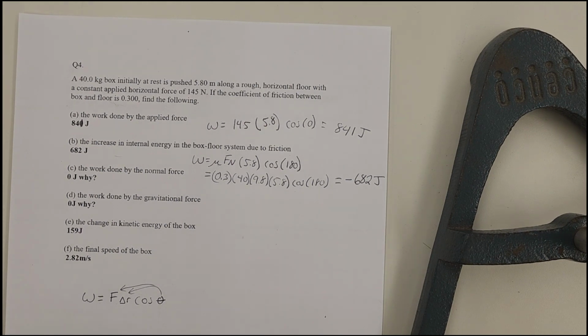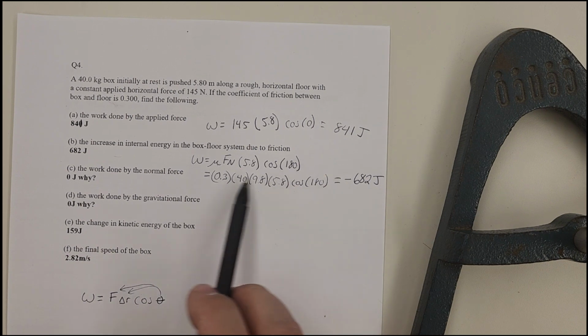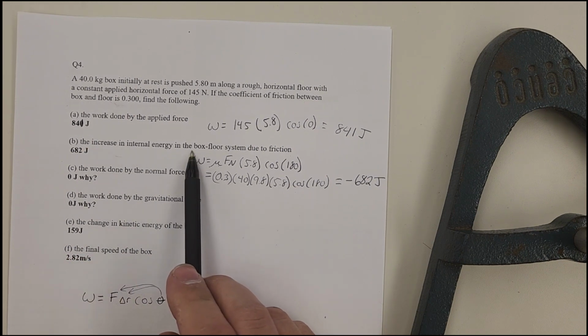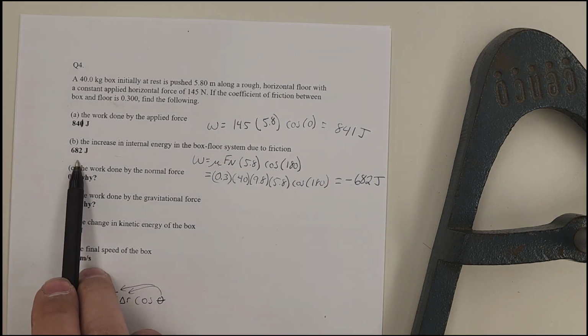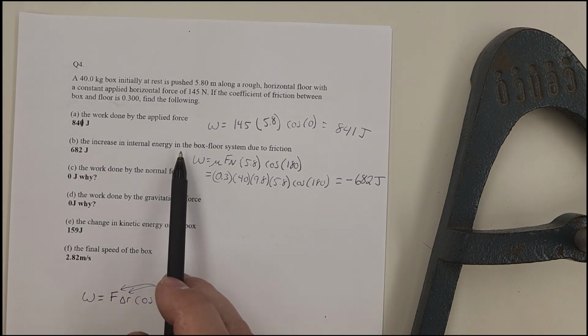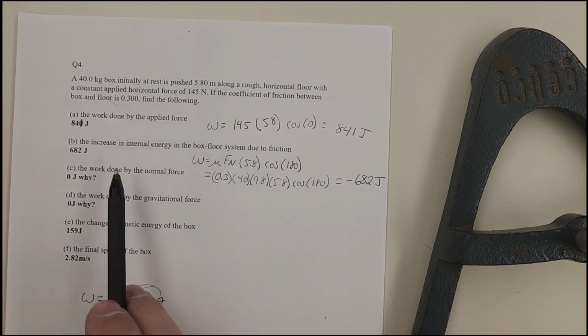We put heat into it. So here it's negative, saying we've lost it. But what we've done is we've increased the amount of heat in the box. That's why you'll see a positive over here. We have increased the heat in the box-floor system because we have lost this amount of energy from this motion to heat.